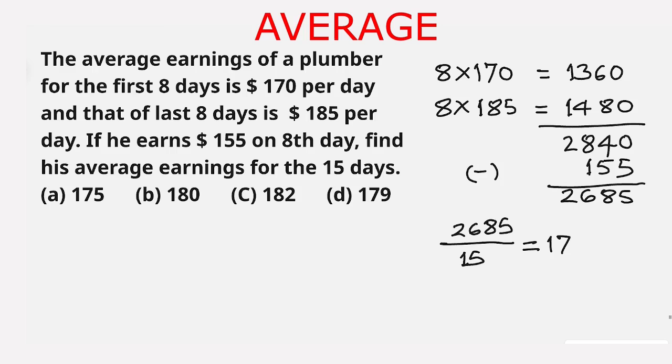We carry 5, so it becomes 135. And 15 times 9 is 135. So the average earnings for the 15 days is $179. And from the given options, our answer is option D, 179. I hope you have understood the method of solving such type of questions. We go to the next question.